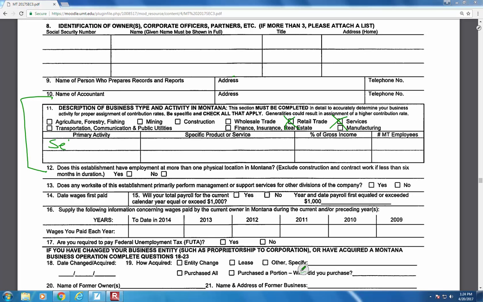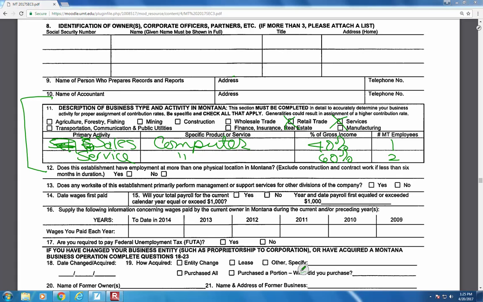I'm going to sell computers, and I think that's going to be about 40% of my income. And about the other 60% is going to be servicing computers. And I'm planning on hiring 3 people, 1 person on the floor and 2 people servicing. That's how they're going to assign me my rate out of the chute.